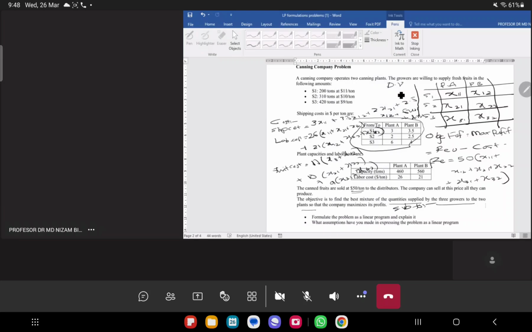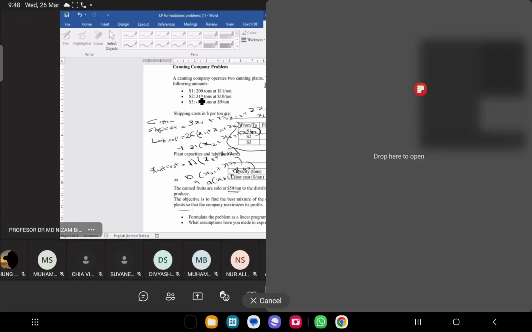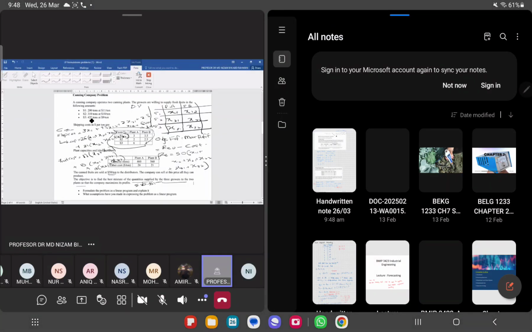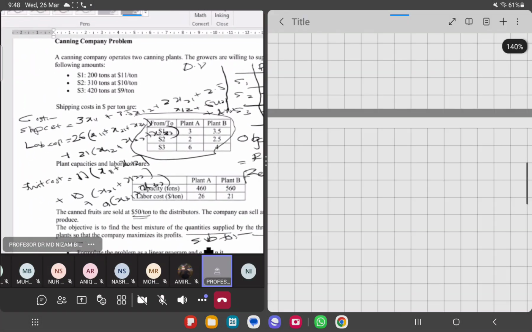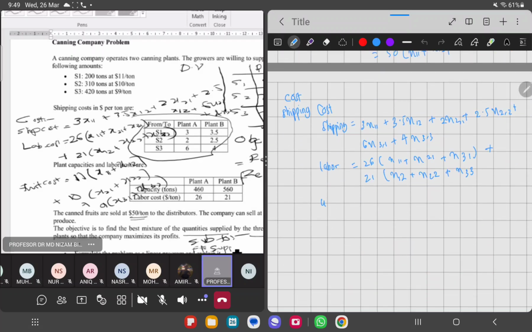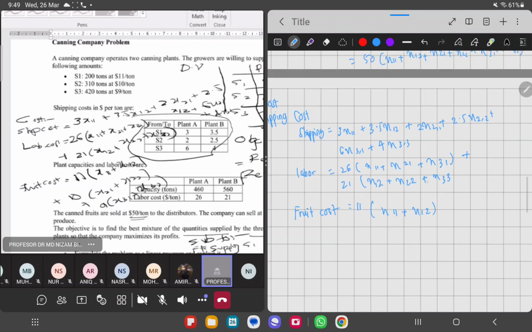Because it says here they're willing to supply 200 tons for S1, 310 tons for S2, and 420 tons for S3. So the first one is the fresh fruit supply constraint, for S1. So the S1 supply is X11 plus X12, right?